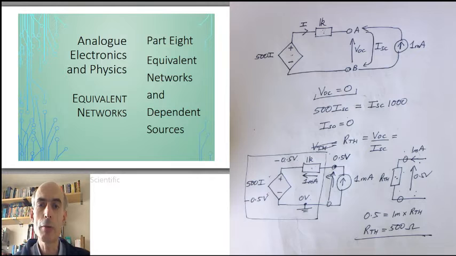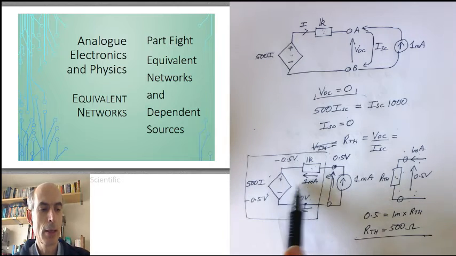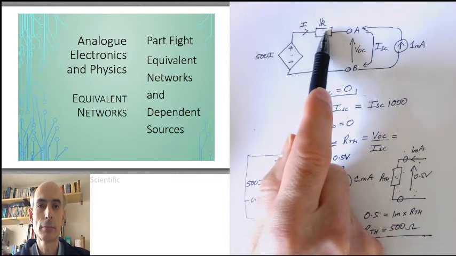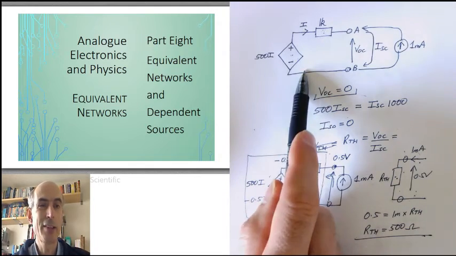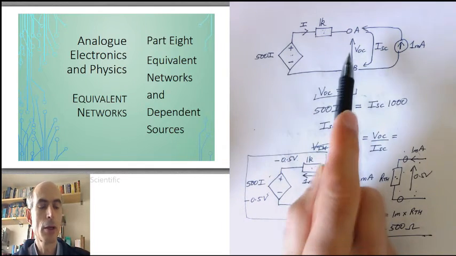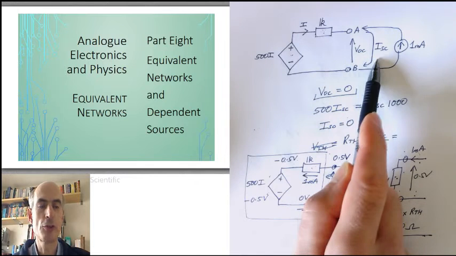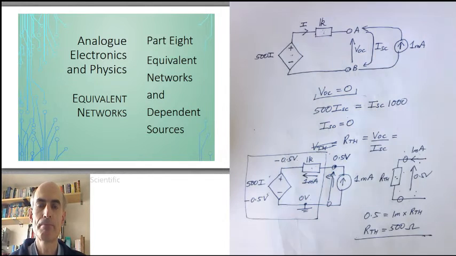So the Thevenin equivalent resistance for this network is 500 ohms. And this is not obvious from the value of the 1K resistor in the network, and you can't derive it from just looking at the open circuit voltage and the short circuit current.